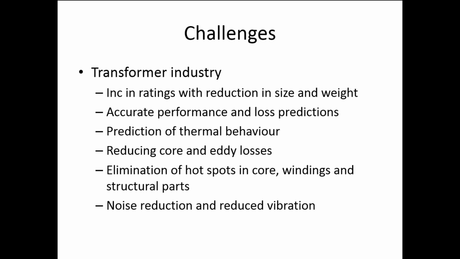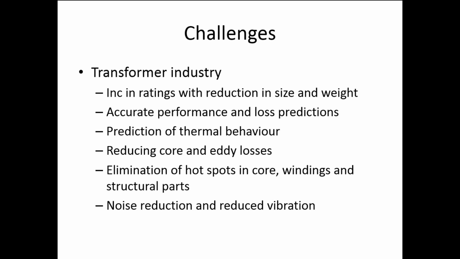We talked about losses a little earlier. One of the main objectives is to reduce the eddy current losses, or the induced current losses, in a transformer. And how do you go about doing it? How do you measure losses and so on? And finally, elimination of hotspots or high temperature areas.